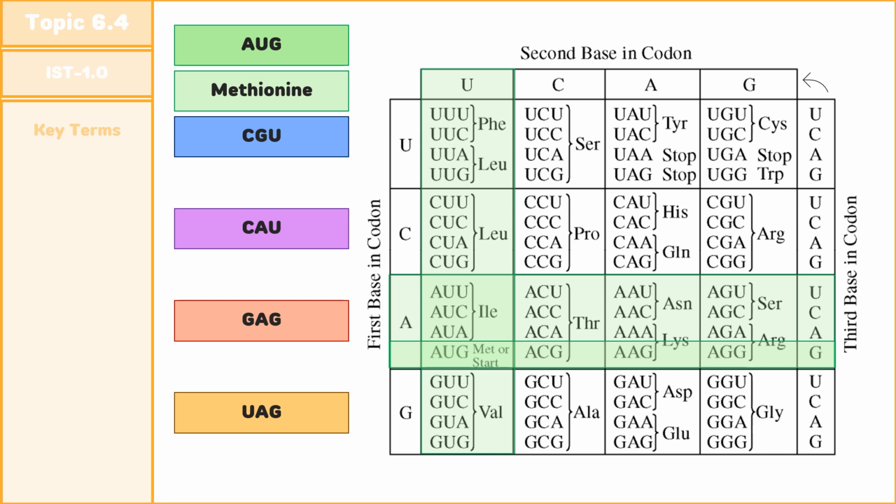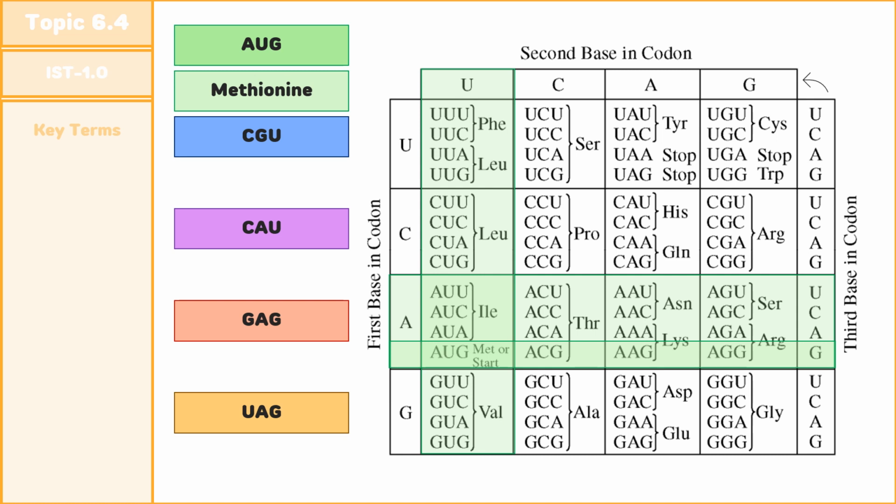And then G for our third base, so that's the fourth sub-row in that row that we've already identified. Wherever all three of these items overlap, that is going to be our amino acid. So we can see here that this codes not only for the amino acid methionine, but also as a start codon. So this is going to be the beginning of our translation process.